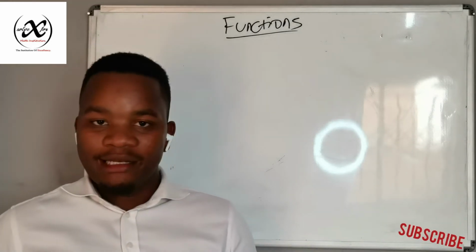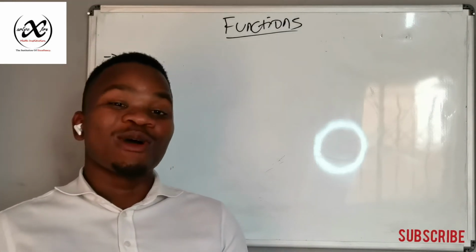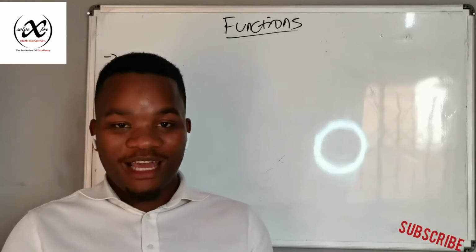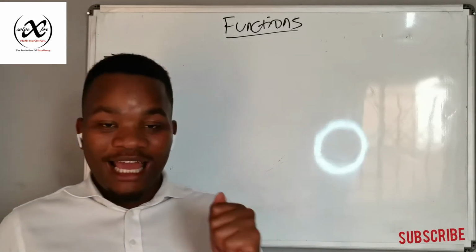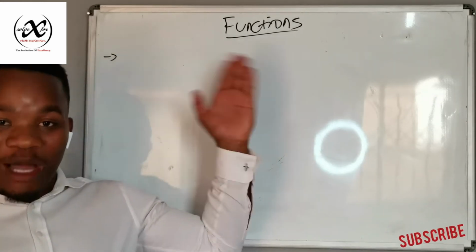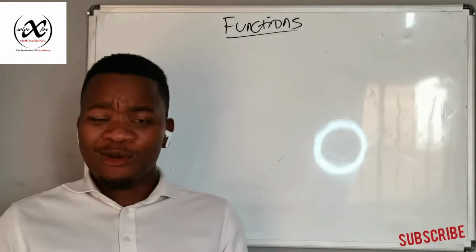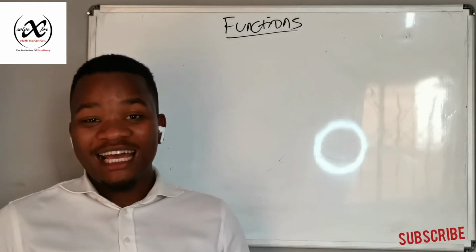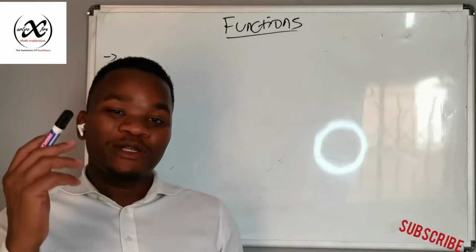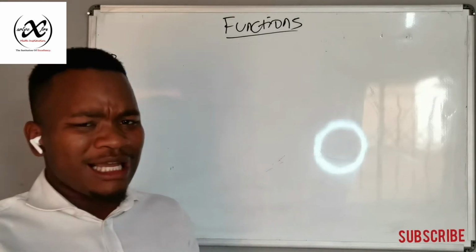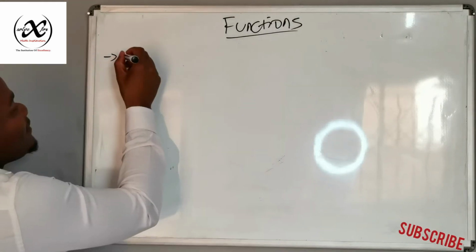Before you can begin a topic, you need to understand that topic, like the definition of it. So for instance, today as we're doing functions, you have to understand what a function is. We explain a function as the relationship between the domain and the range, where the domain is paired with the corresponding range. Let me just write this down.